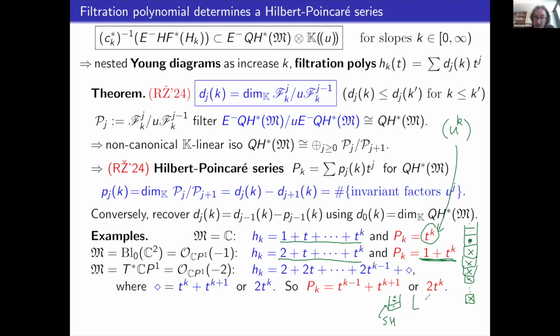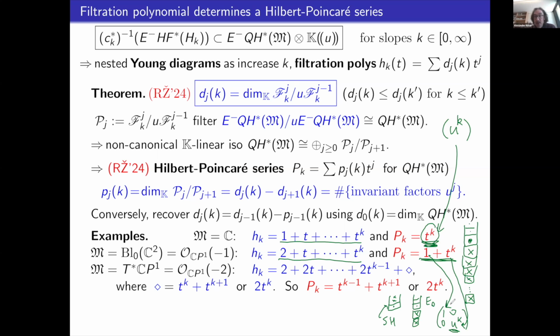Whereas there was the U0 part, the E0 part, where all the new classes start to grow. And so the matrix that we're getting in this case is 1, 0, 0, U to the K, and so this T to the K is telling you about this U to the K power, and this 1 is telling you that you have a 1 here. So again, it's encoding the continuation map for slope K.